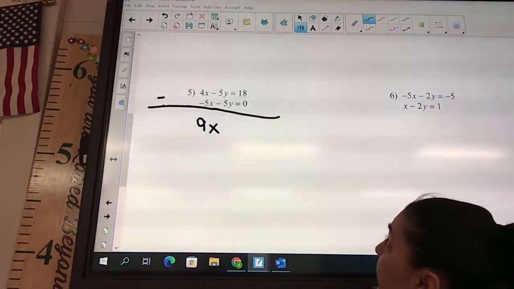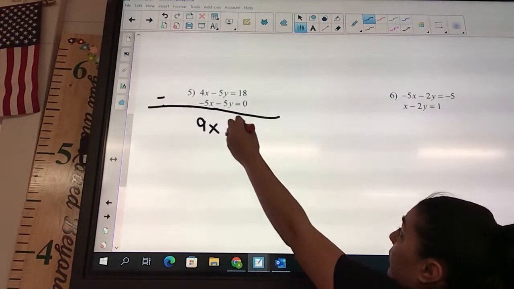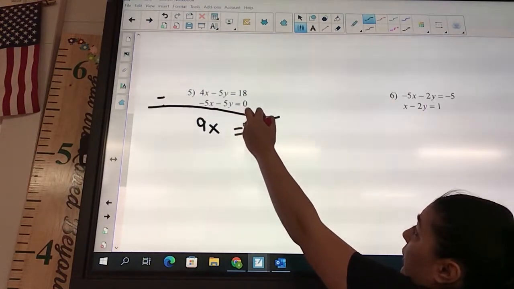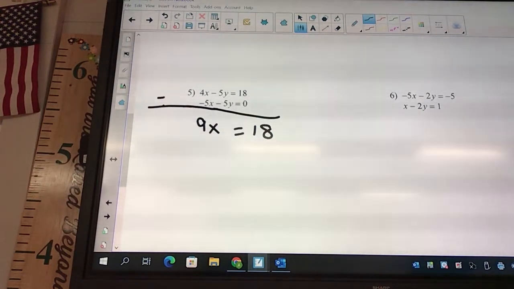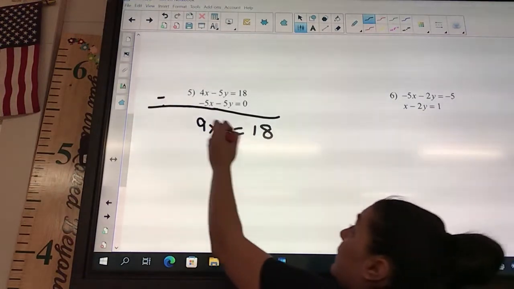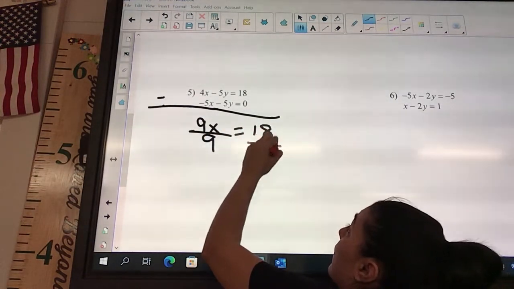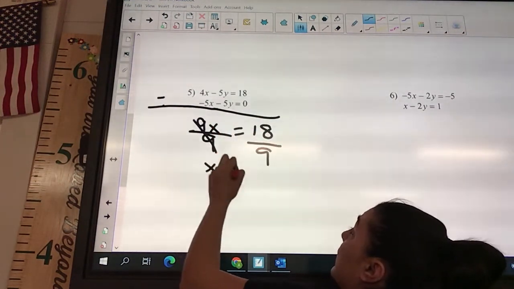And then you got 18 minus 0, which is 18. And then what do you do? We're going to divide by 9, and you get x equals 2.